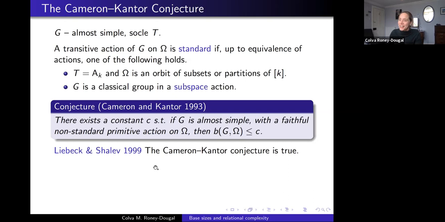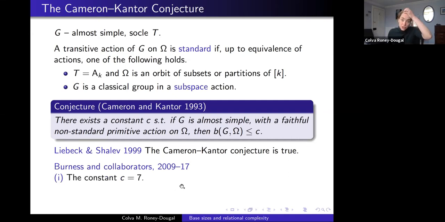It was proved in 1999 that it's true, but initially we didn't have the actual value of c, and then Tim Burness and collaborators over quite a few papers eventually showed that in fact that constant c is 7. So to describe the action of the almost simple group, 7 points suffice.